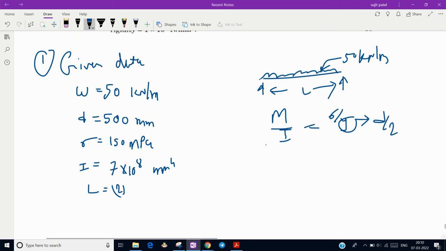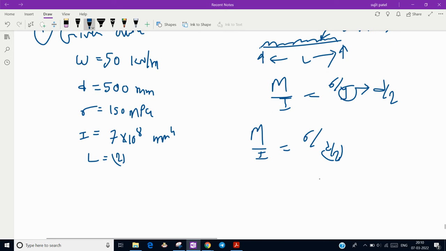So M by I is equal to sigma by D by 2. Now the M value, that is the maximum bending moment. One thing I would like to suggest is that you should remember all the maximum bending moment formulas for different cases, like a simply supported beam with point load or UDL, and a cantilever beam with UDL or point load.